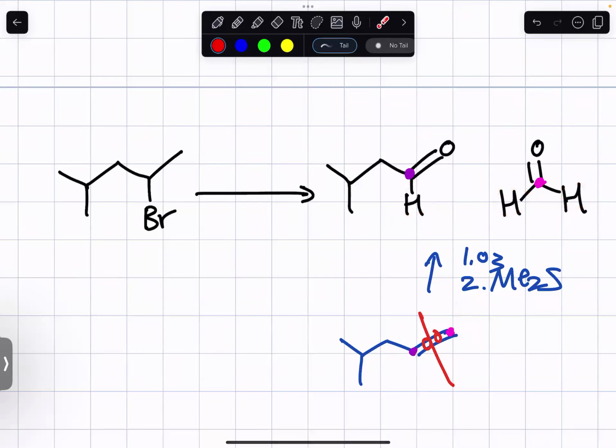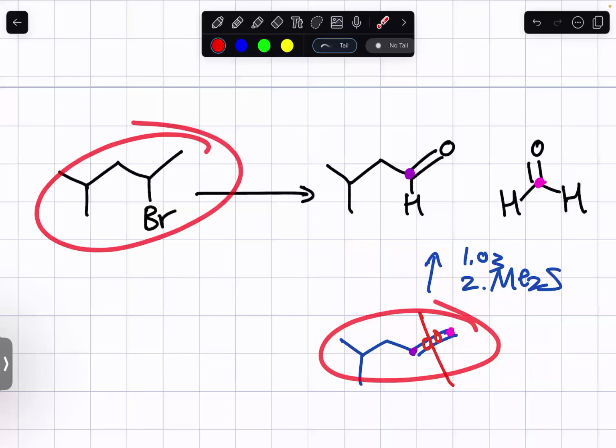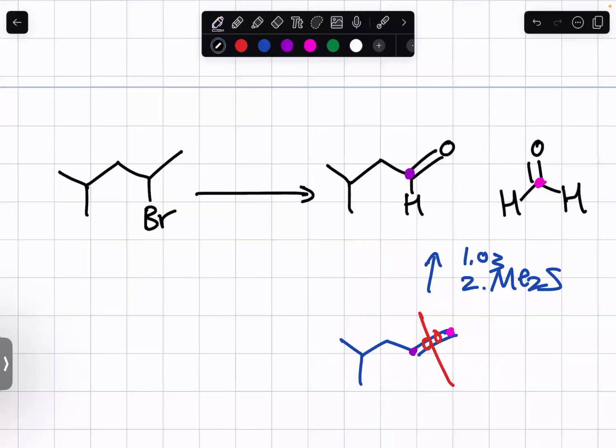Nice. And then how can we create this alkene from this reactant here? Wouldn't it be elimination? Yes, elimination, but which type of elimination? Do we want the Zaitsev or Hofmann? Wasn't it whatever the less substituted side was?